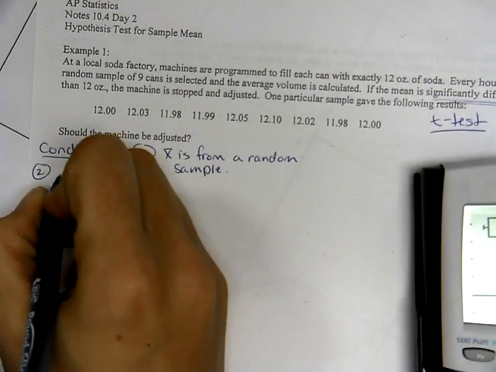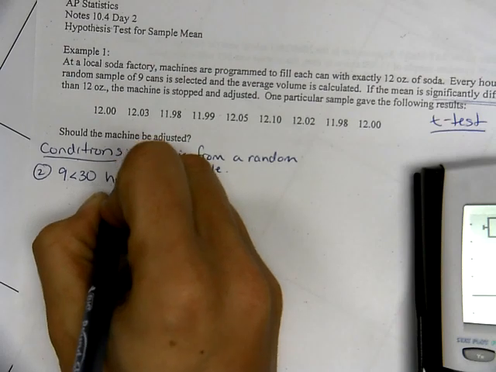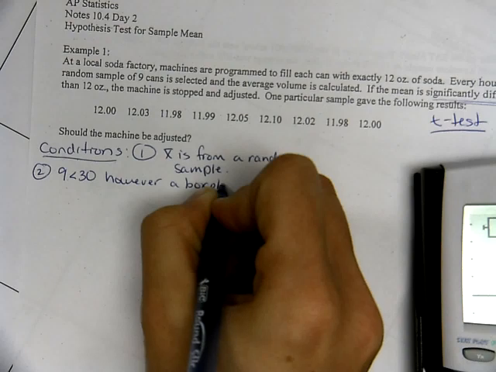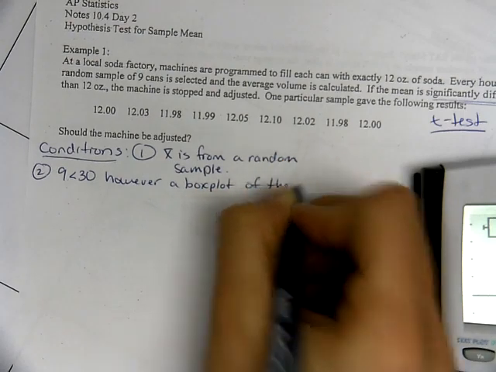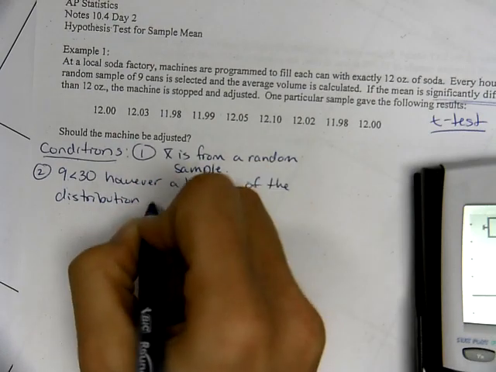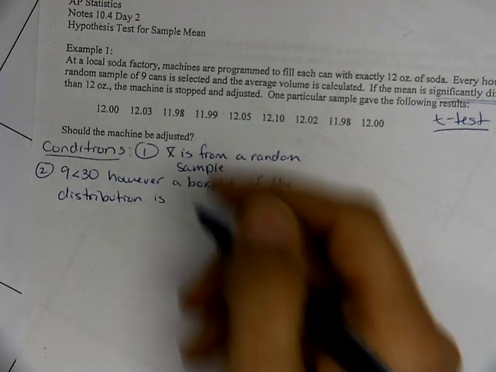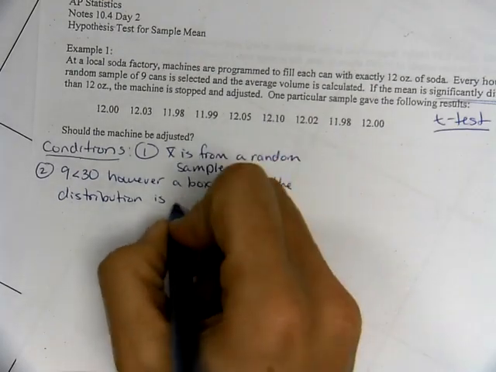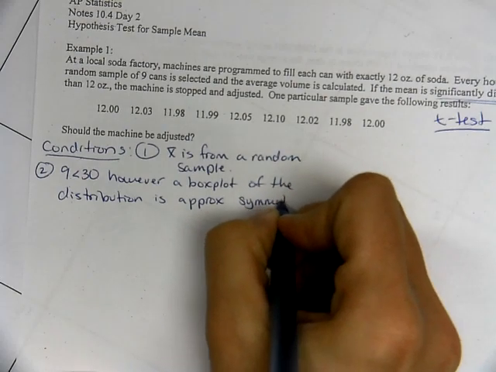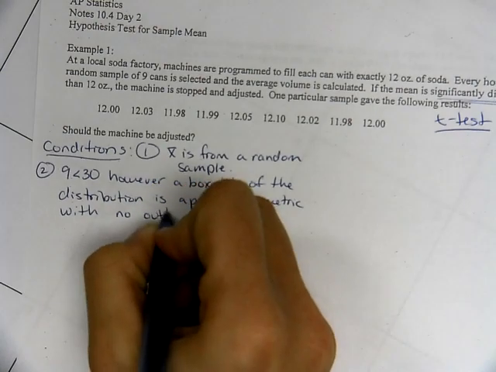So, this is what you write. 9 is less than 30. However, a box plot of the distribution is, now we're going to pretend this actually looks nicer than it does, because on the quizzes and tests it will, is approximately symmetric with no outliers.